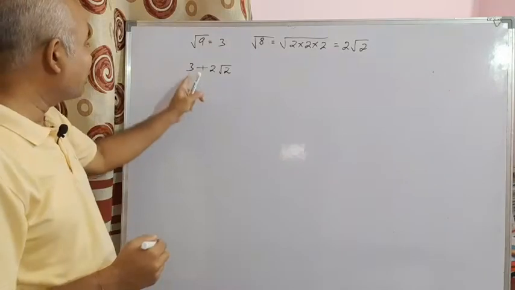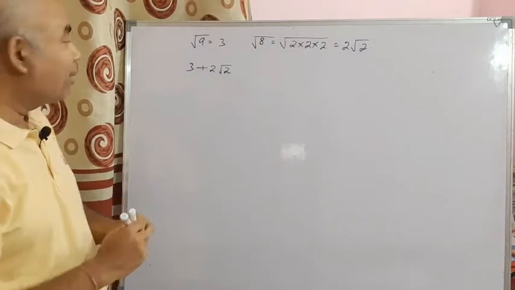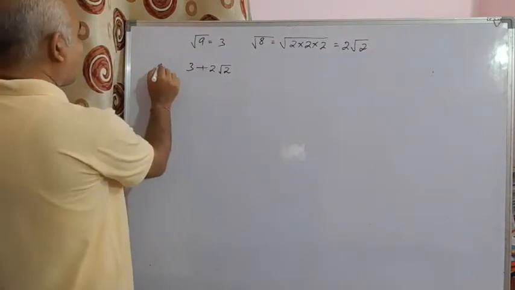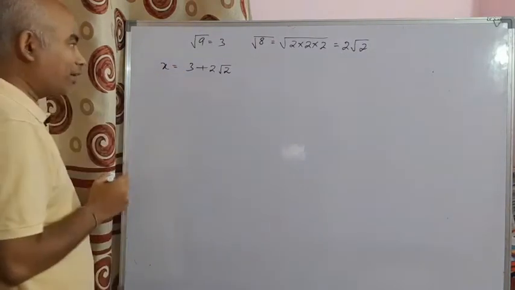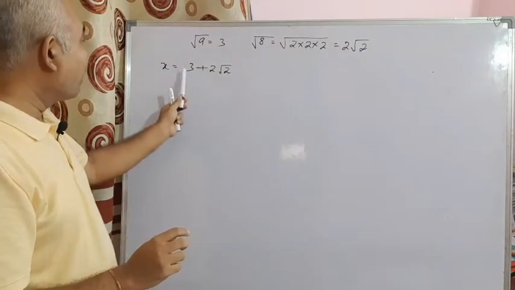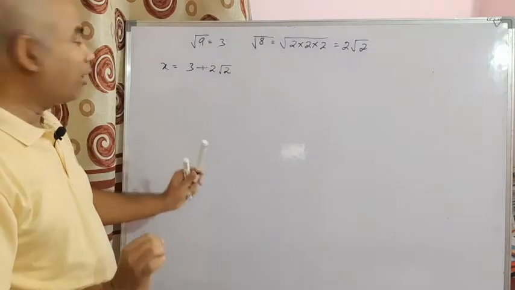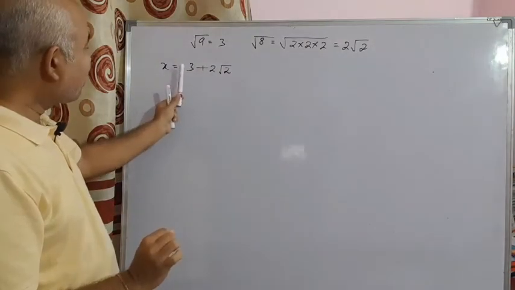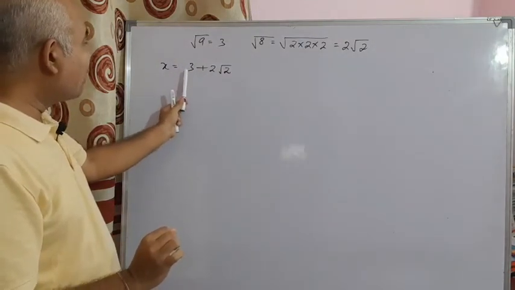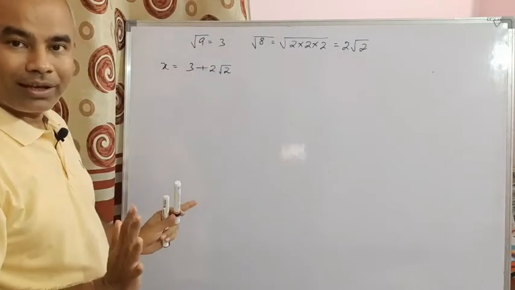Suppose this is our x. So x is 3 plus 2 root over 2. So x has two terms, they may be connected by a plus sign or minus sign, whatever. Out of the two terms, they are the square roots of two consecutive natural numbers 9 and 8.